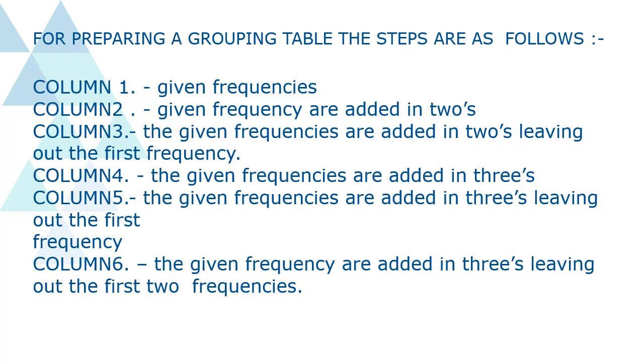The fourth step, frequencies are added in threes. Fifth step, leaving the first frequency, frequencies are added in threes. And the final step, leaving the first two frequencies, frequencies are added in threes. After doing all these, we have to highlight or note down the highest frequency in each column.